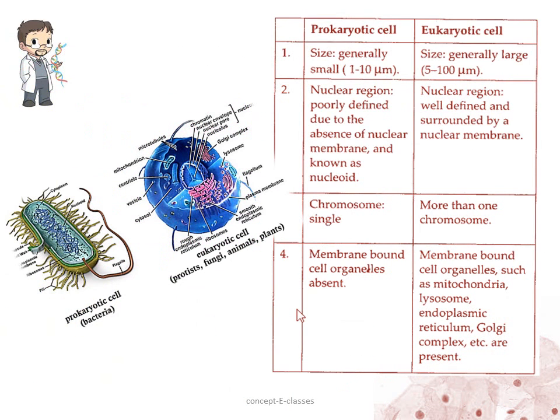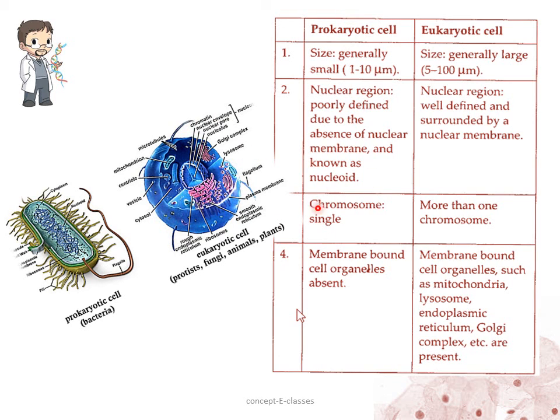So let's see the basic differences between prokaryotic and eukaryotic cells. The prokaryotic cell size generally ranges from 1 to 10 μm, whereas in eukaryotic cells it is from 5 to 100 μm. The nuclear region in a prokaryotic cell is poorly defined due to the absence of a nuclear membrane, whereas in eukaryotic cells it is well defined and surrounded by a nuclear membrane.